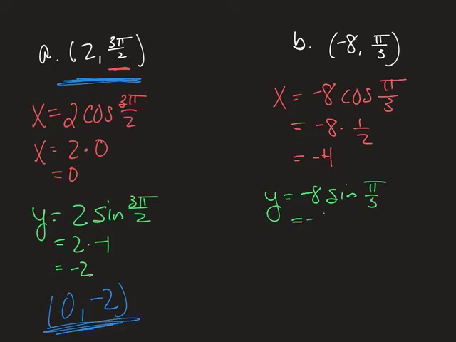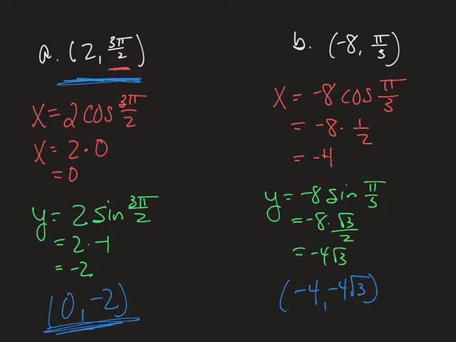That is -8 times radical 3 over 2, if I went to pi over 3 and grabbed the y coordinate. And so that's -4 radical 3. And so when I write them, it is -4, -4 radical 3.